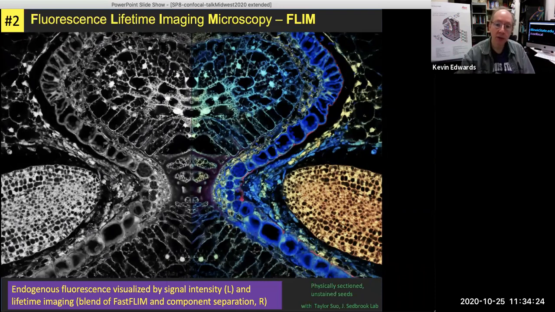This is from the plant seeds that we talked about earlier. Now if we switch on the FLIM module, then we start to collect timing information, and that provides a lot of contrast. There's a lot of timing differences across these different fluorescent compounds in this seed. Again, there are no stains here at all. All of this is inherent chemical differences in the different compounds that are present there.